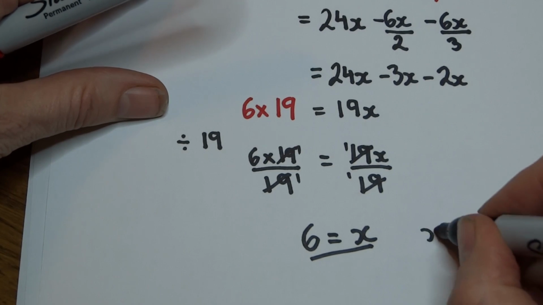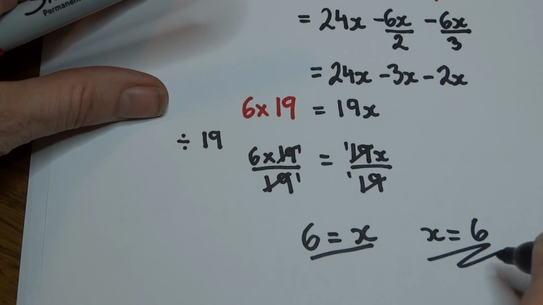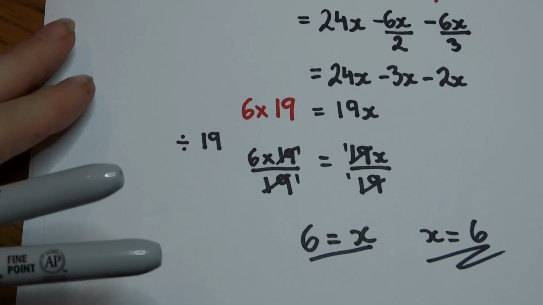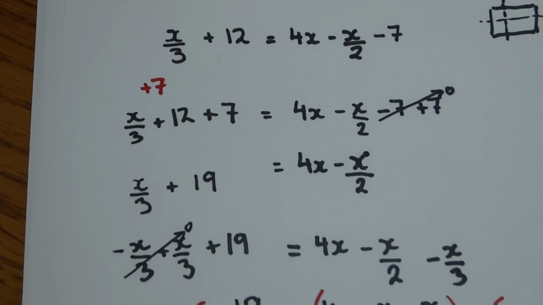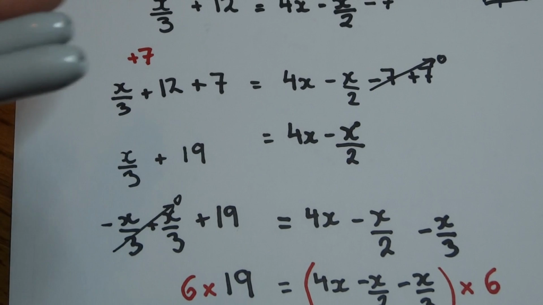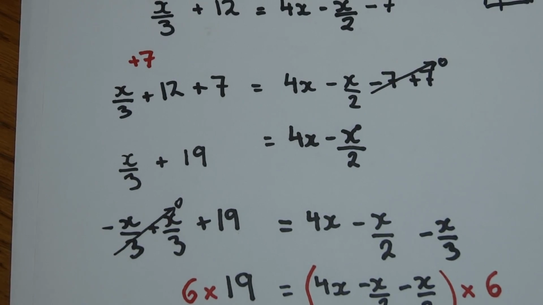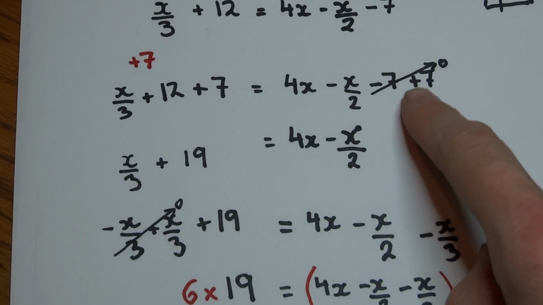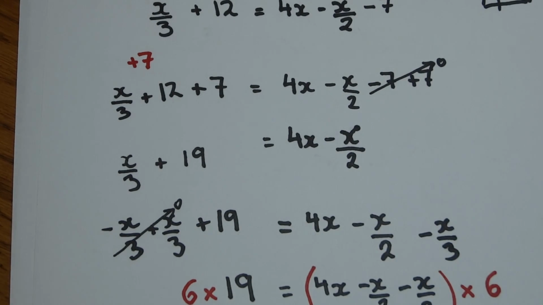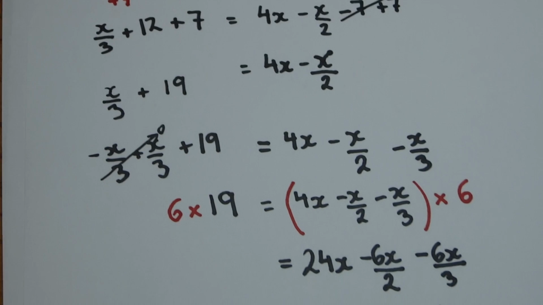x equals 6. Or 6 equals x. Both are the same. So this is how we would work out these expressions. We would first try and get all our letters to one side and all our numbers to the other. So we're getting all the expressions collated on the right hand side here. 4x minus a half x minus a third x.